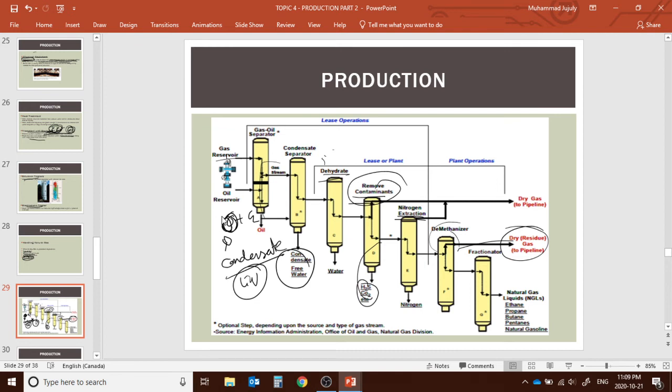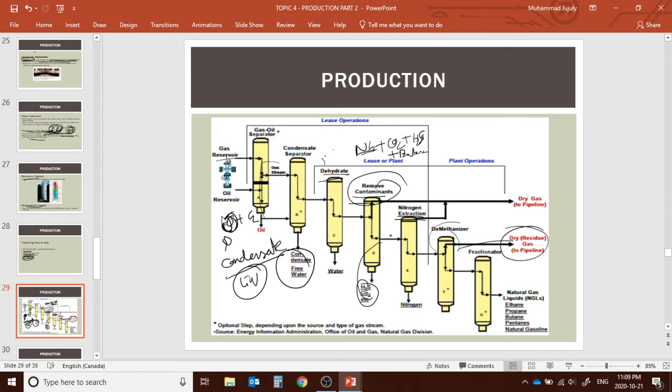How you dehydrate it, there are several techniques we use. We use absorption or adsorption techniques. We'll see that in the later slides. When you dehydrate, the water will be removed, and then what it contains is natural gas plus a portion of carbon dioxide plus hydrogen sulfide, plus butane.